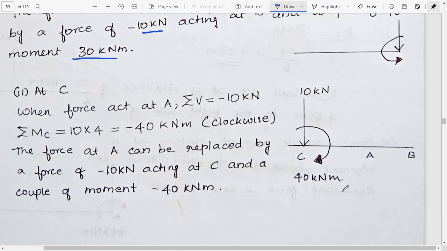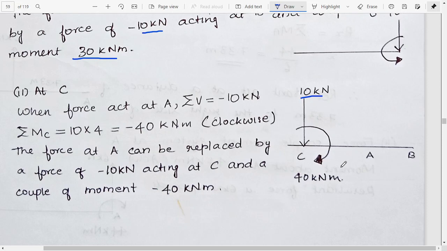And at C also, if you are changing it from point A to point C, then the force will remain the same, but there will be a couple which is from this part to this. Actually, if the force was here, then it will be minus 10 into 4, which is 40 kilonewton meter. So there will be a couple of 40 kilonewton meter on this side.